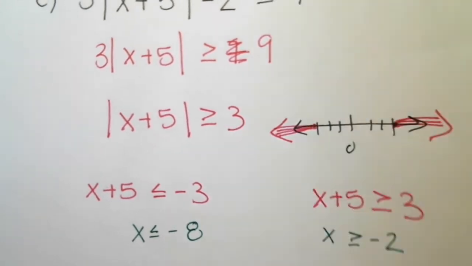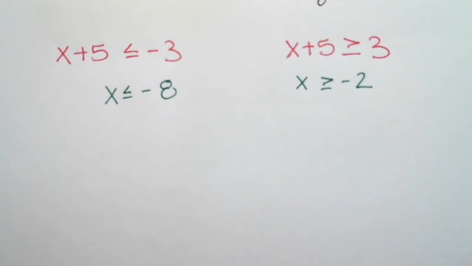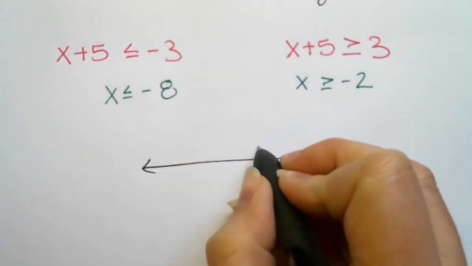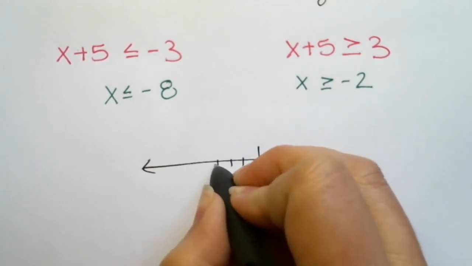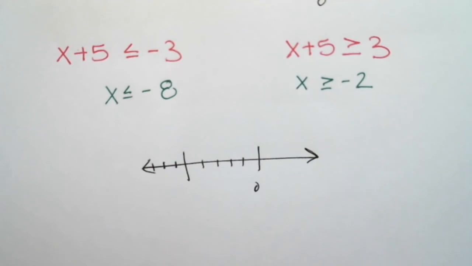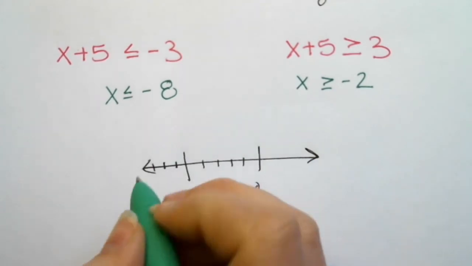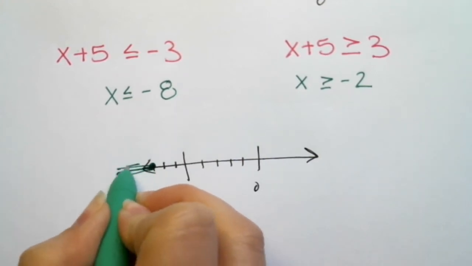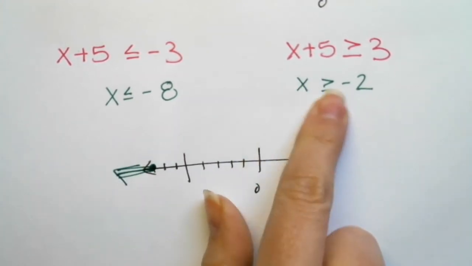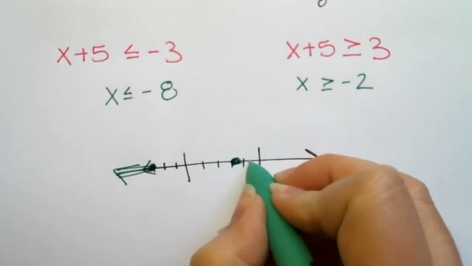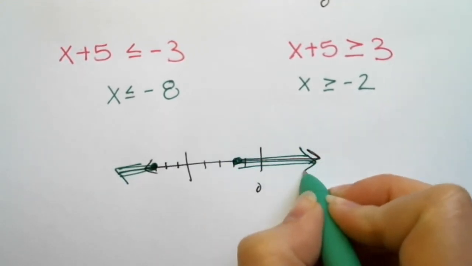And then to help me write my interval notation, I'm going to look at a number line. So x is less than or equal to -8, so I'm going to go here to -8 and go less than. Or x is greater than or equal to -2, so I'm going to go to -2 and then go greater than.